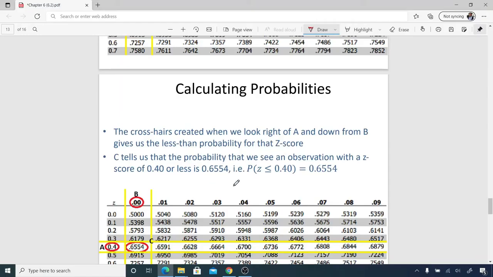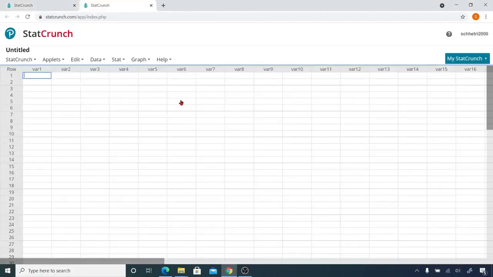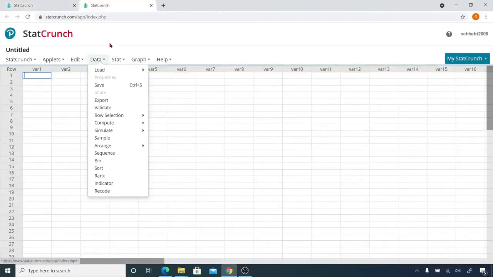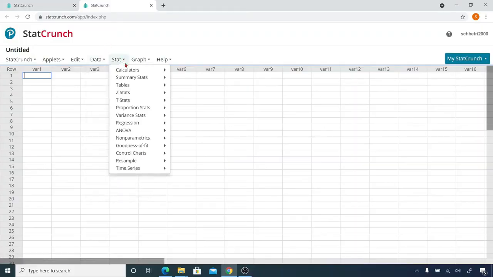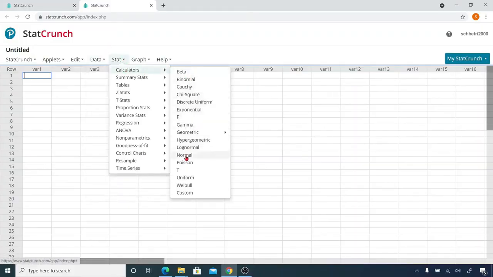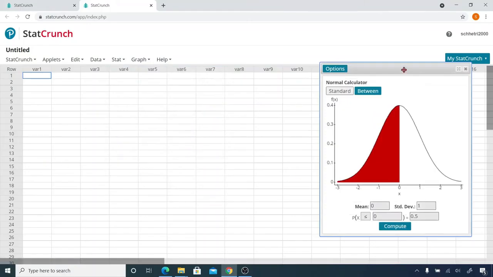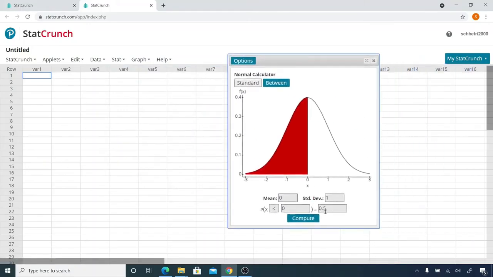Now you can do this easily in StatCrunch. You just log into the statistical software that we use in this course and go to Stat, Calculators, and you go to Normal. Now you have this situation.